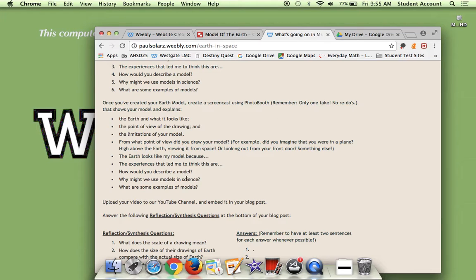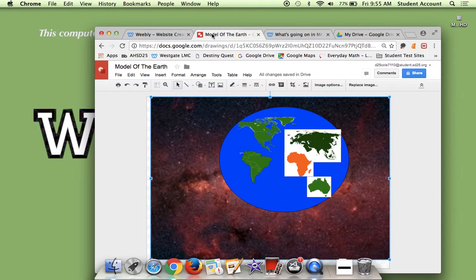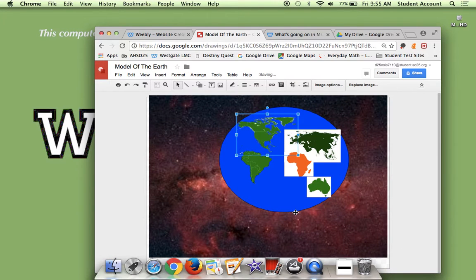The Earth looks like my model because one, it is round or spherical, and it has oceans, and as you can see the oceans. One thing that's a tiny bit different is the continents are probably a little bigger and a tiny bit differently spaced, but mainly this is the organization of the continents.